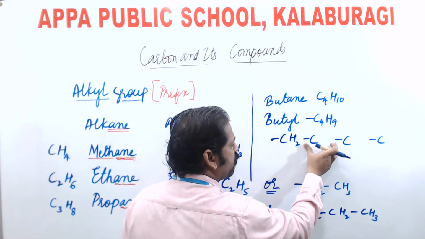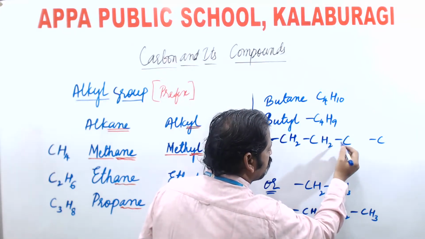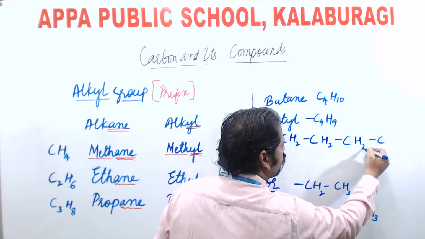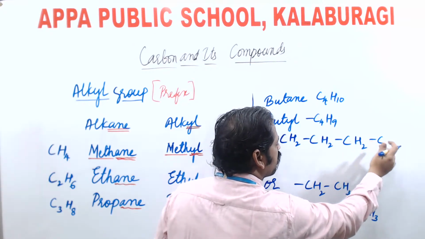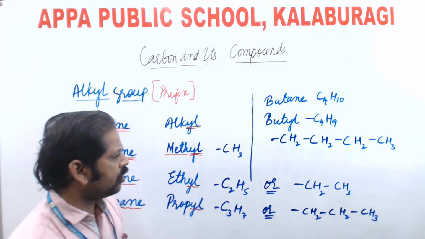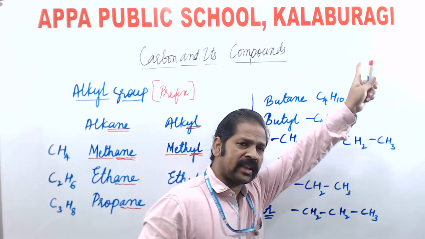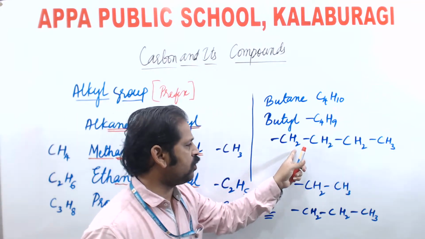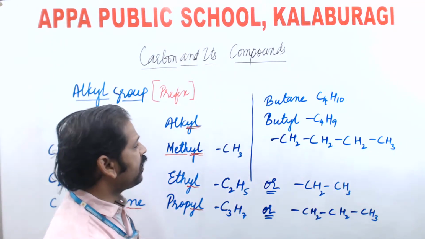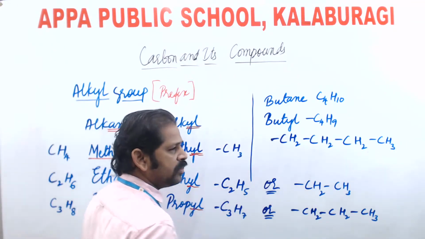This carbon has two bonds, two more bonds with hydrogen. This carbon also has two bonds, now with hydrogen. This carbon has one bond. It requires three hydrogens. Means CH3 is at the last, starting with CH2, CH2, CH2, CH3. Yes, it is the group of butyl.